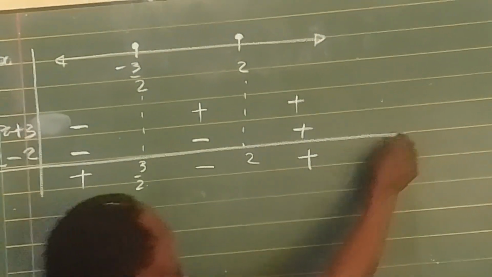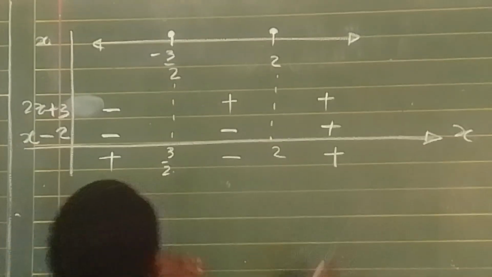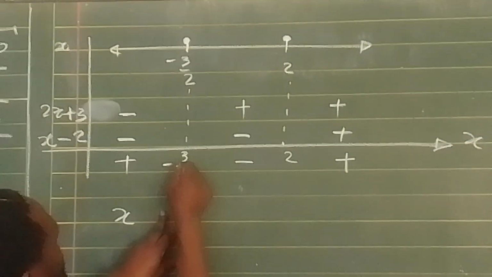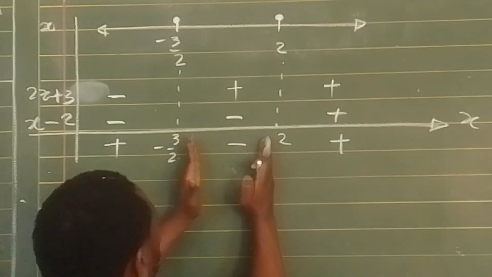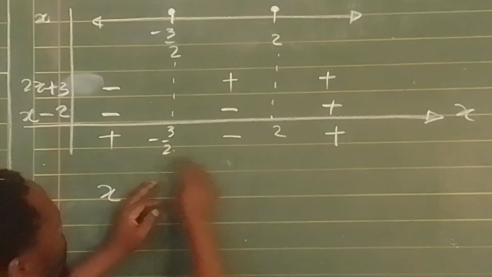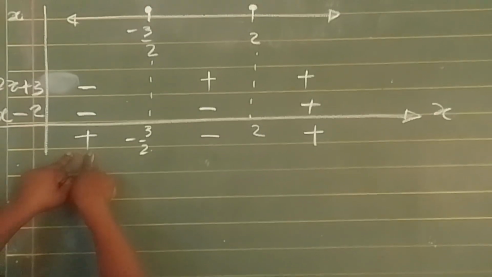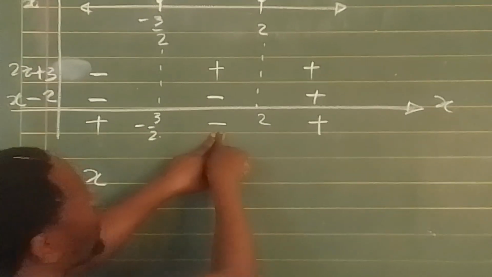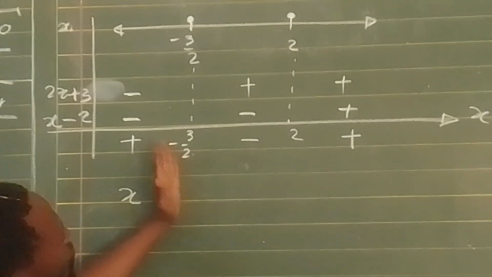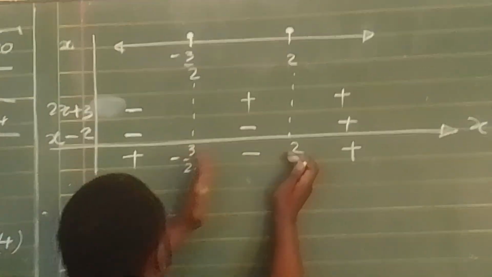So this is your number line x. Your minus 3 over 2, your 2. So it must be inside, it must be less. So less means negative. We cannot go for positive, that is greater. We go for negative, which is less. So what is less is between 2 and 3.